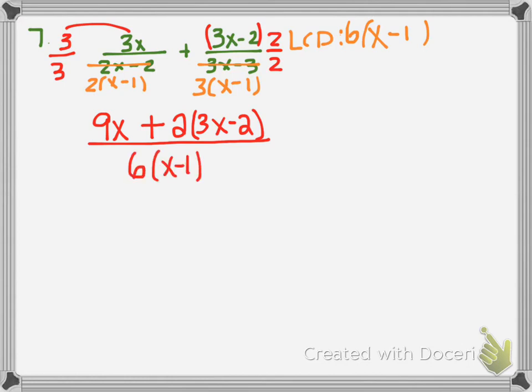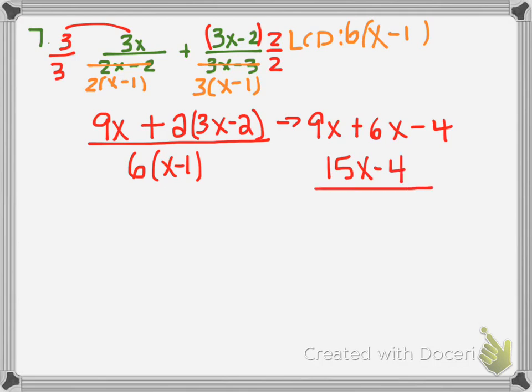And now we're going to simplify that numerator into 9x plus 6x minus 4, which turns into 15x minus 4. There's no common factor. We can't take a GCF out of that numerator. So that is the numerator, and we are left with 6(x minus 1) on the denominator.